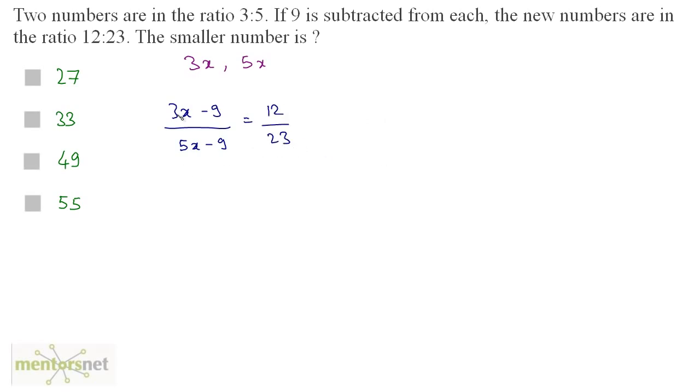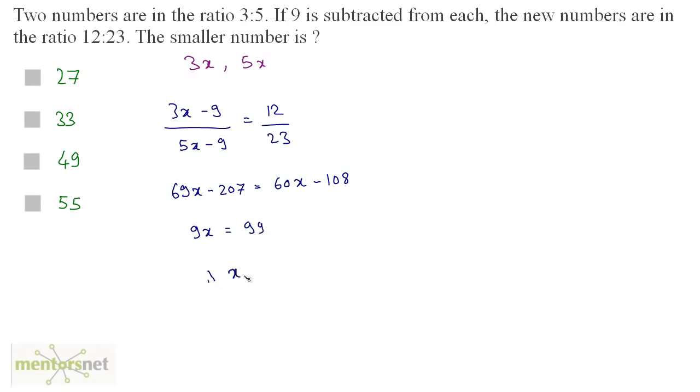And we have 3x times 23, that is 69x, minus 23 times 9 is 207, which is equal to 12 times 5 is 60x, minus 12 times 9 is 108. So we have 69x minus 60x, which is 9x, is equal to 207 minus 108, which gives you 99.